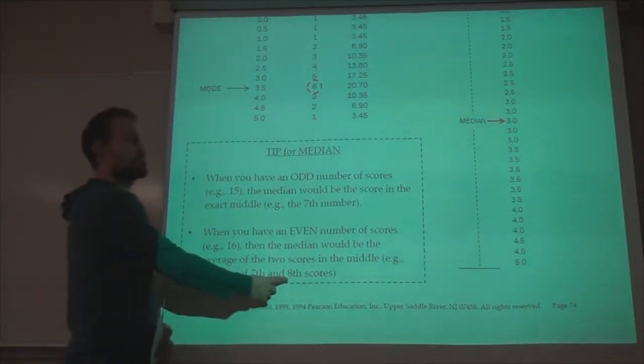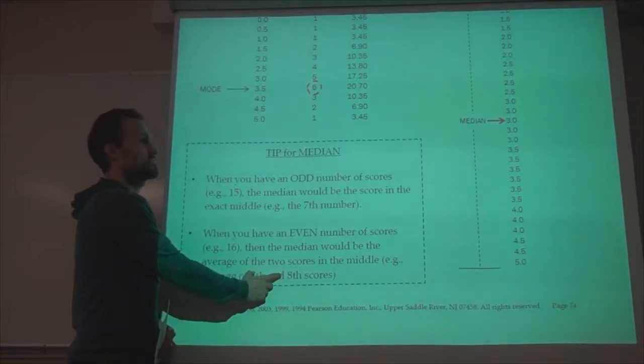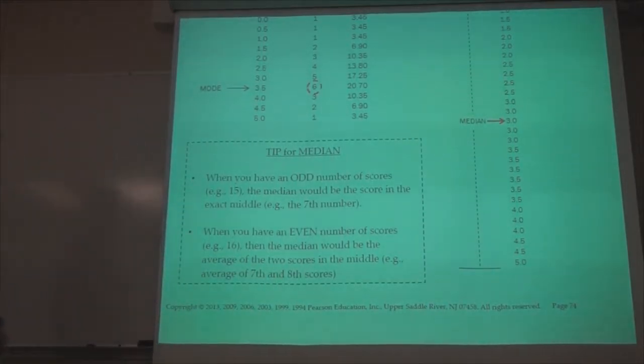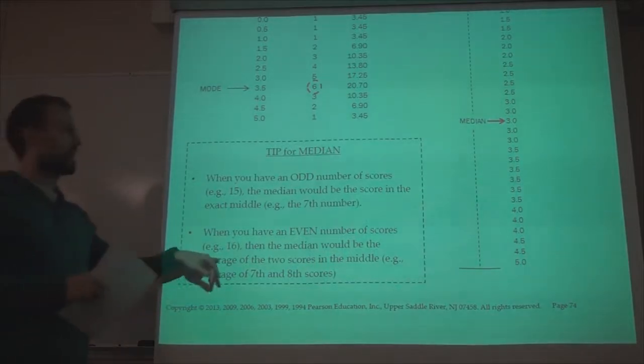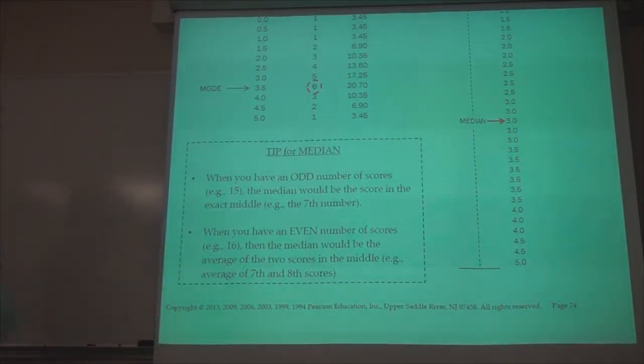Again, I don't know where this typo comes from, 8 and 9, not 7 and 8. So you just take the 16 divided by 2, and it gives you an 8. But because it's an even number, it's going to be split into two equal halves of the list. So then I would simply take the average of those two middle scores.